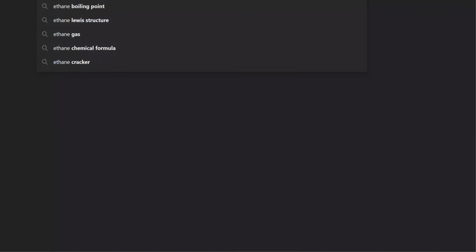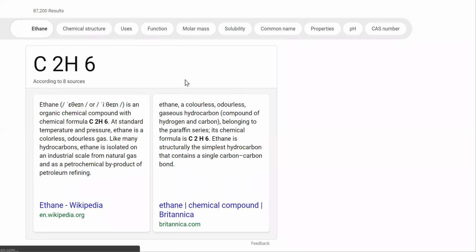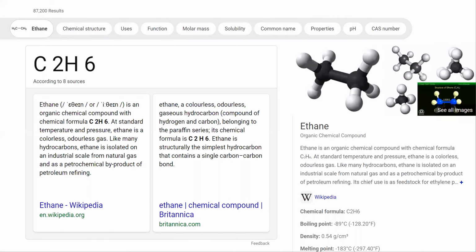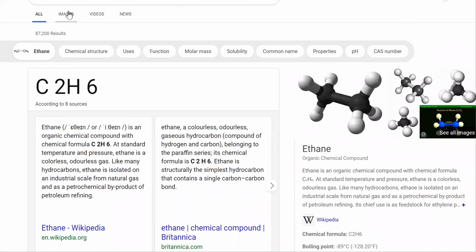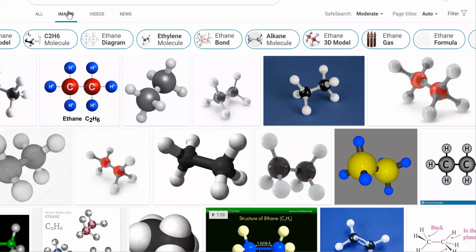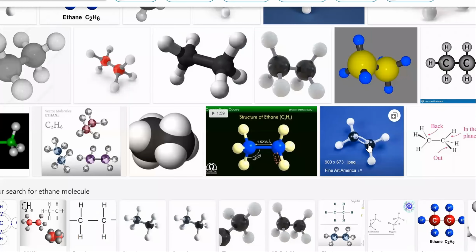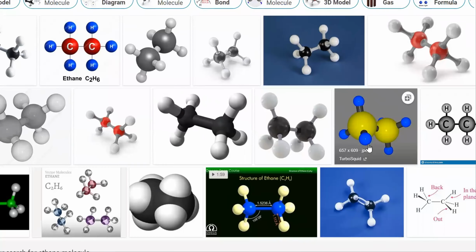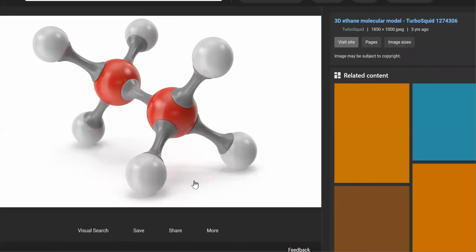Like if you look at an ethane molecule, then the 3-dimensional shape of an ethane molecule is like this. I mean that's an ethene molecule, but the 3-dimensional shape of this one is a perfect example. So it's like this.